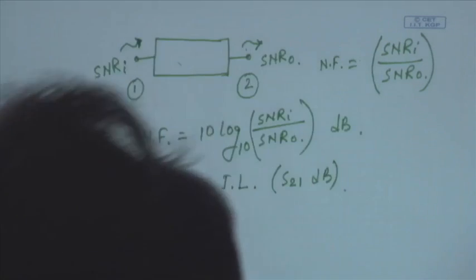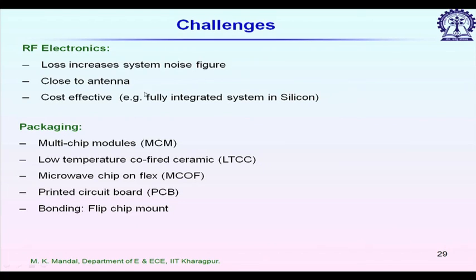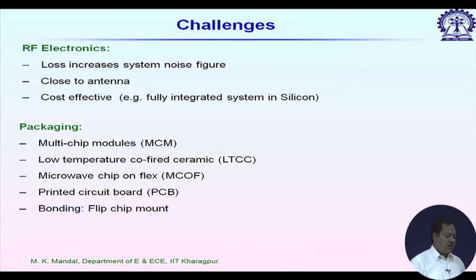So, let us go back. Then we see that at millimeter wave frequency, loss increases, so it increases the noise figure of the component. One way to decrease the overall noise figure of any transmitter or receiver is this: for a receiver, if I start from the antenna, just after the antenna we have a low noise amplifier, then the mixer component.